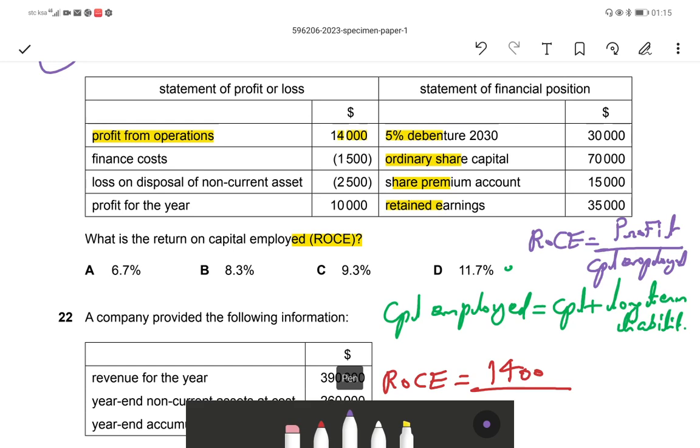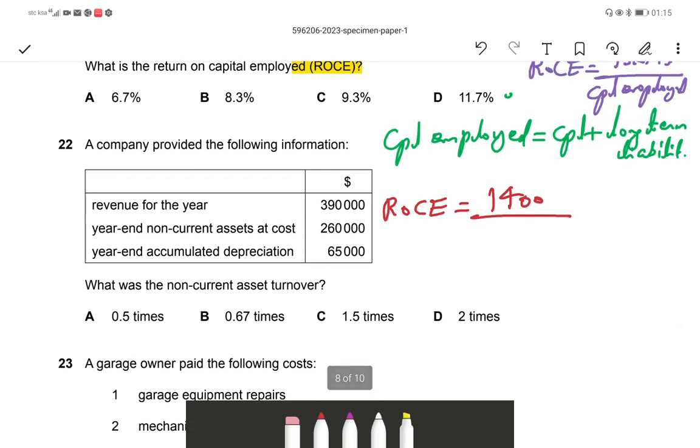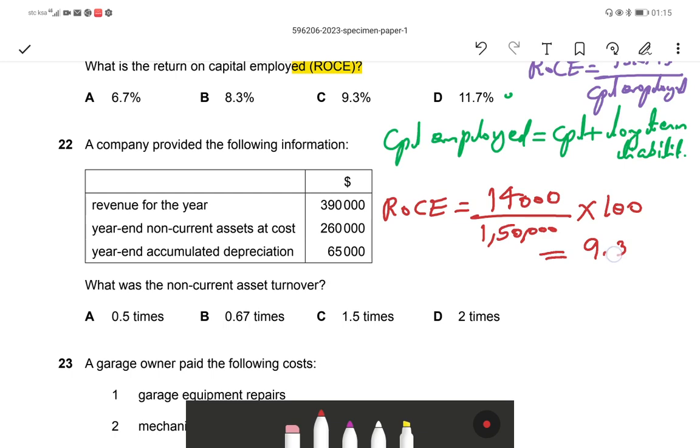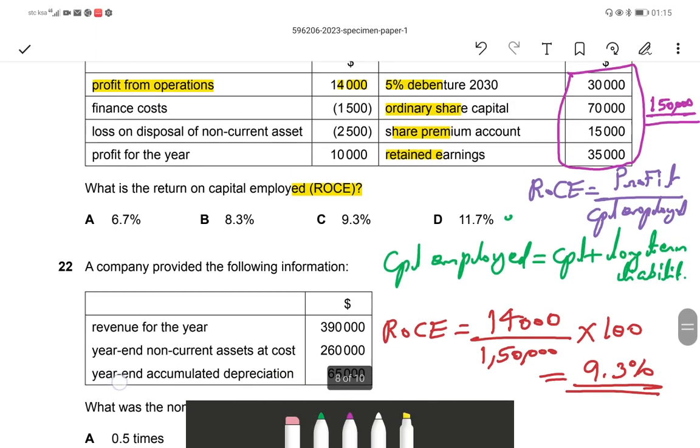So we have to take the full of this part. How much does it come to? 30 plus 70 plus 15 plus 35, which is 150,000. So 14,000 divided by 150,000 into 100 is equal to 9.3%. So the correct answer is 9.3%.